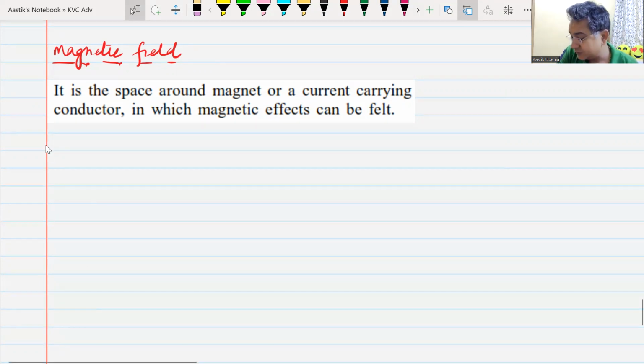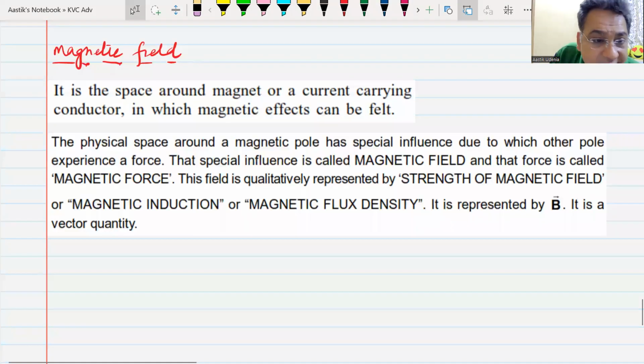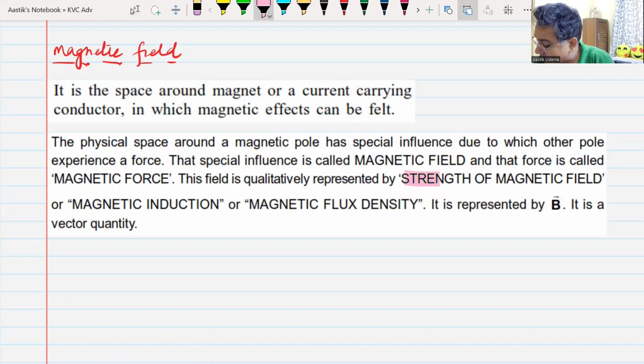It's the region around a magnet where you can experience magnetic effects or magnetic force, and it is expressed by the strength of the magnetic field. It is similar to strength of the electric field, denoted by the letter B vector. It is a vector quantity. Do we understand this? Yes, sir. Everyone understands this. Yes, sir.